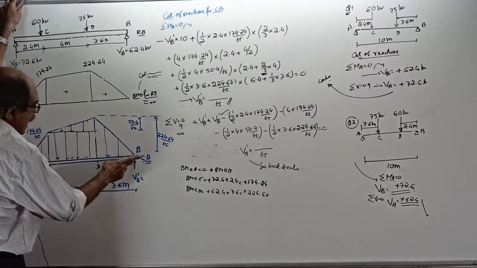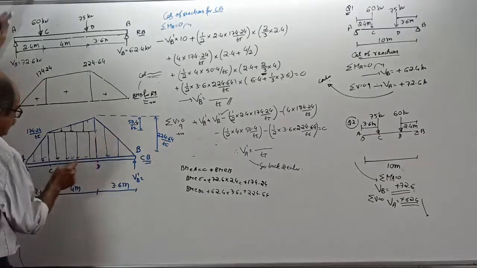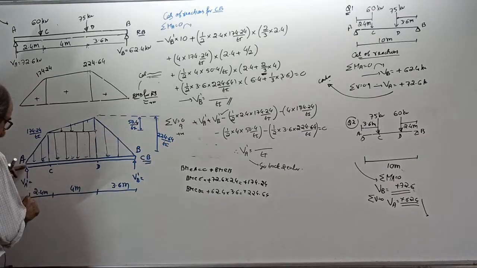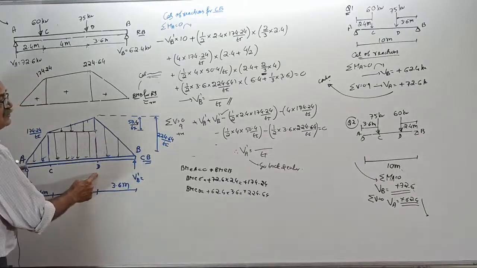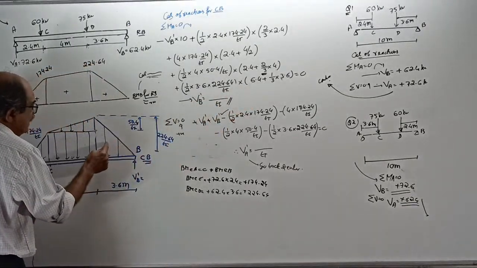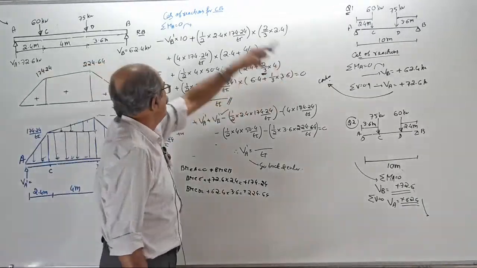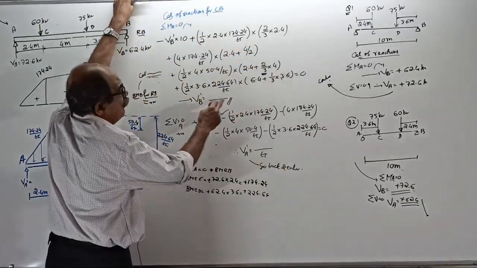Lastly, half into 3.6 into full 224.64 into moment about A, 2.4 plus 4, 6.4, 6.4 plus CG is here, plus 1/3 of 3.6 equal to 0, you get the value of VB dash.